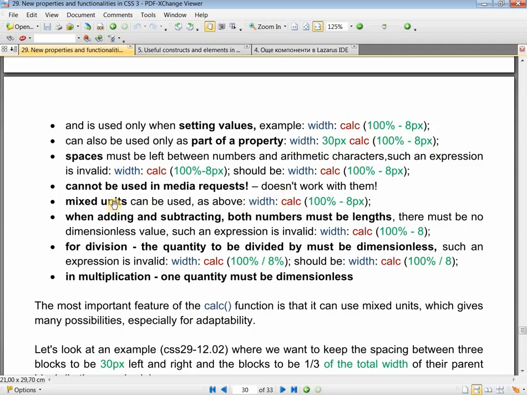With calc, mixed units can be used. This is the most powerful thing about this function, as what we showed, 100% - 8px. Before its creation and use, it was very complicated.